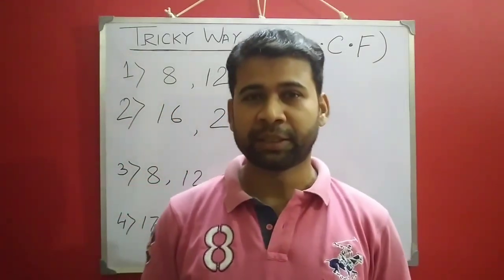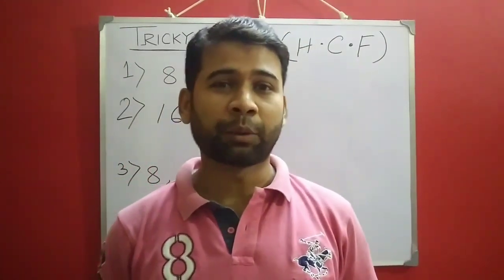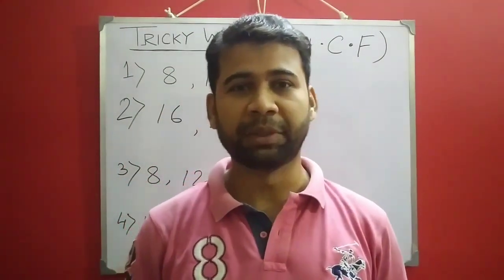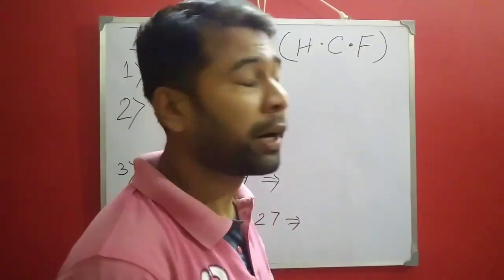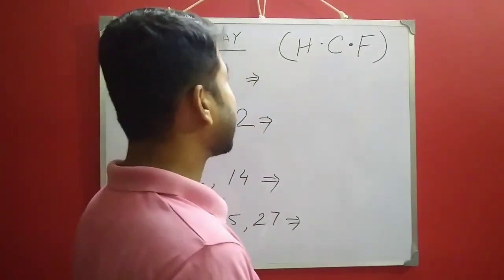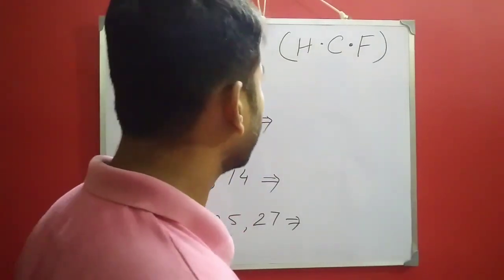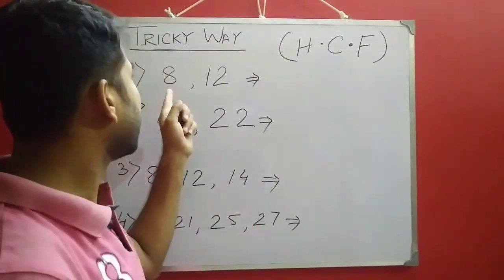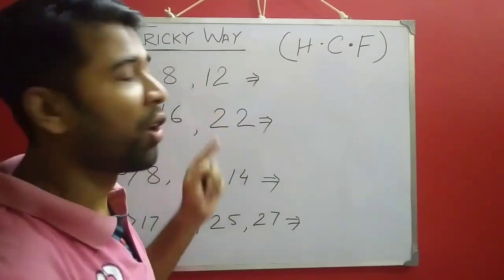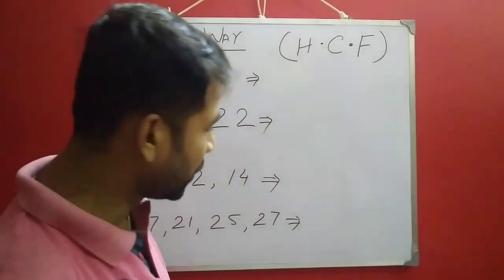In this session, we will learn how to calculate the HCF of numbers. Basically, we all know our common process to calculate HCF. So, let's start. Here, we have to find the HCF of these numbers.